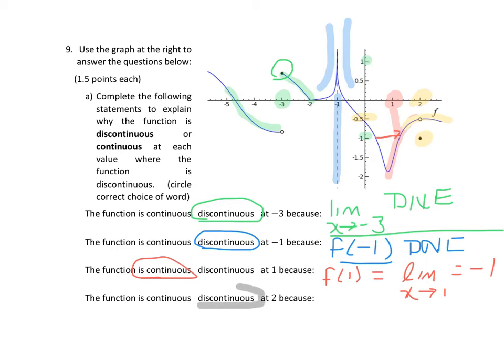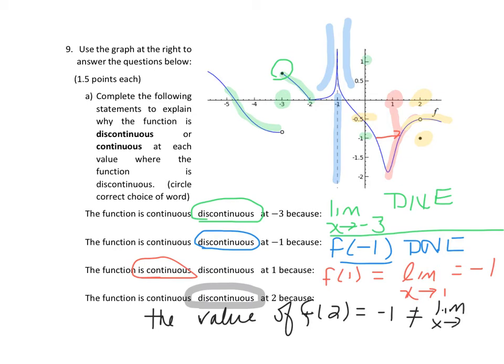So that makes it discontinuous. The reason that one is discontinuous is because negative 3 does not equal negative 0.5.